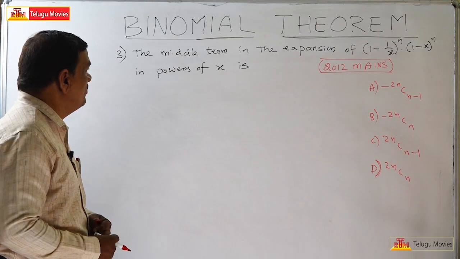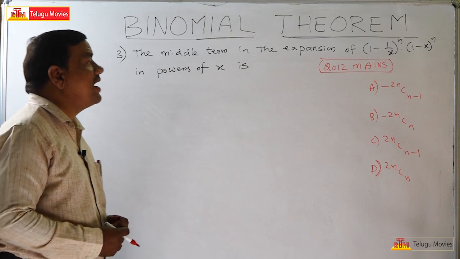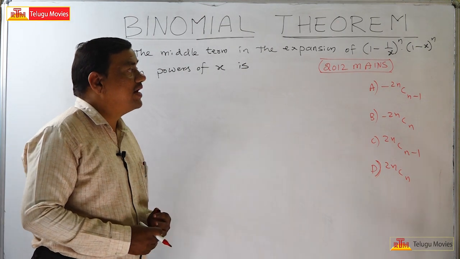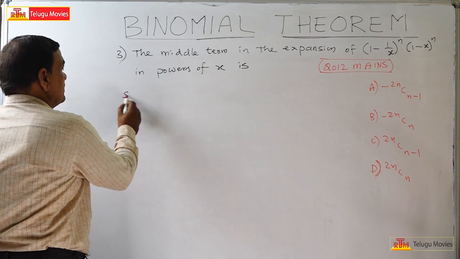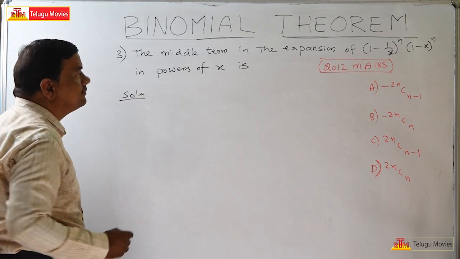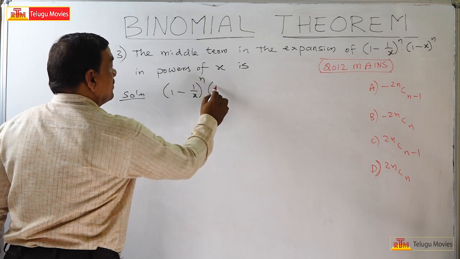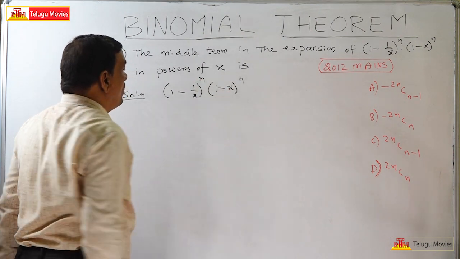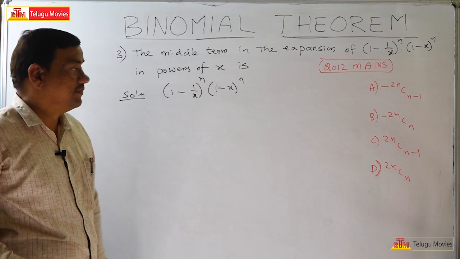Welcome to this problem. The middle term in the expansion of 1 minus 1 by x whole power n into 1 minus x whole power n in powers of x is. So see here, it is given 1 minus 1 by x whole power n into 1 minus x whole power n.